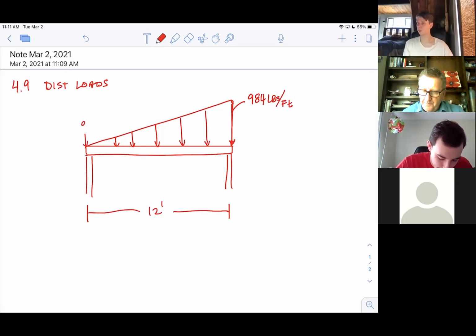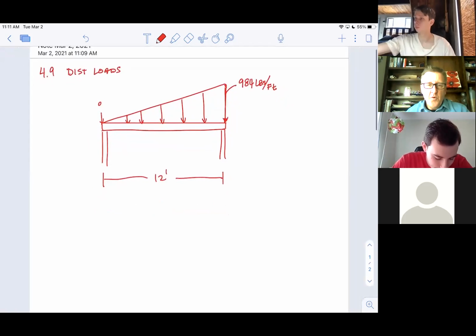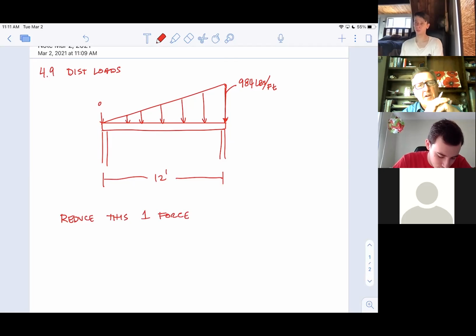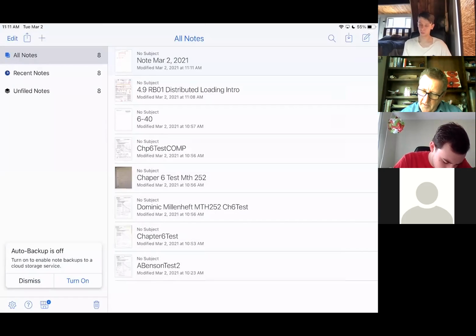So the problem is, and back in chapter 4, we really have to be able to do the same thing we just did a minute ago. We've got to reduce this to just one force. Like for our moment calculations, we can't have 500 arrows on the top of this. Does that make sense? We've got to reduce this to 1 arrow. And we just did that a second ago. Let me just pull that back up for a second.